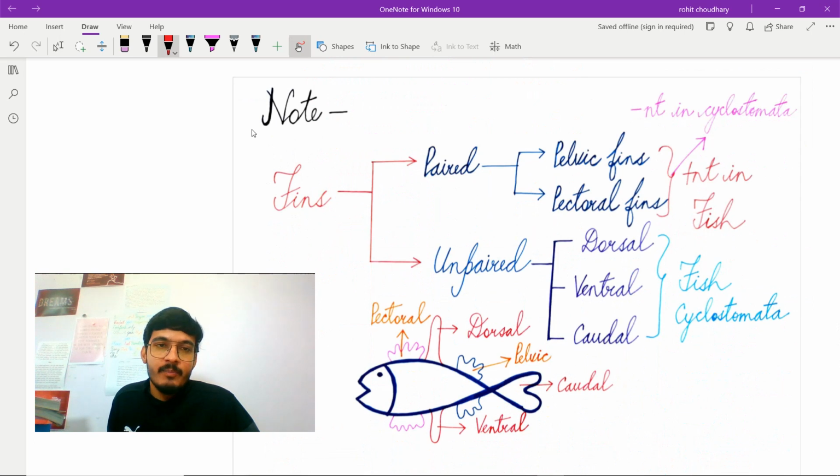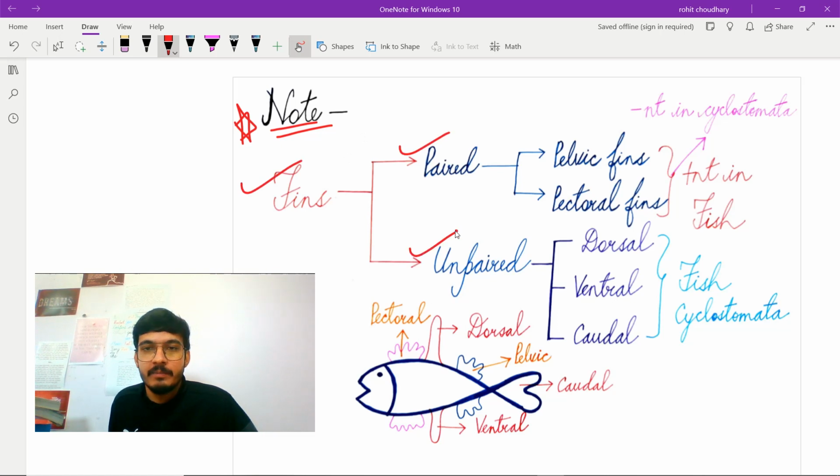Here is an important note which you should keep in your mind. The fins could be paired or unpaired. Paired fins are pelvic fins and pectoral fins, and these are present in fish but absent in which class? Cyclostomata, which have a circular sucking mouth.